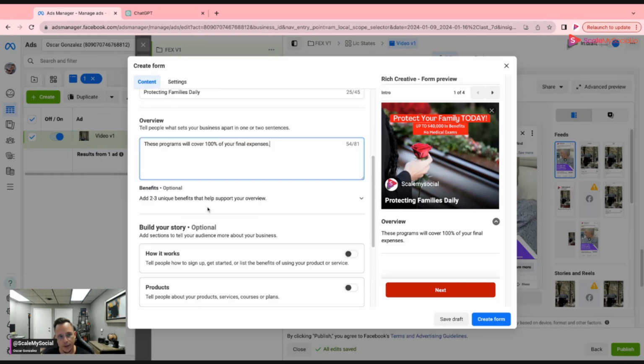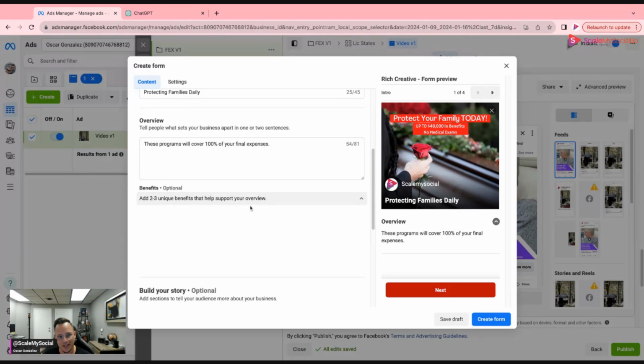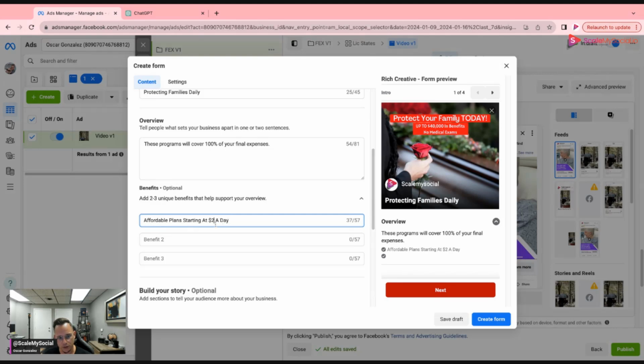And then you have the option of adding some benefits. And again, I want to present my business. I want to make sure that I'm giving information and that everything that I do here really looks the part, right? I want to make sure that this is professional, right? Maybe I do $1 a day here.